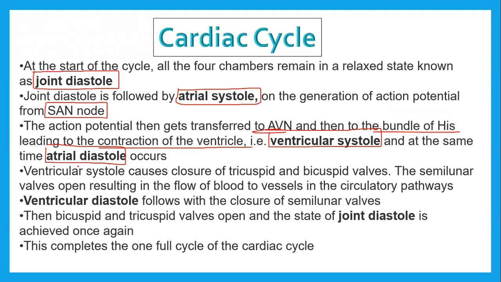So, first of all, the cardiac cycle starts from a joint diastole, that is, all the 4 chambers are in a relaxed state, and it reaches the atrial systole, and next when an impulse is received from the SA node, it causes the contraction of the ventricle, causing ventricular systole. At the same time, atrial diastole happens on the other side.